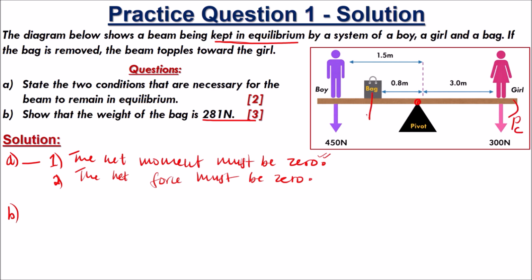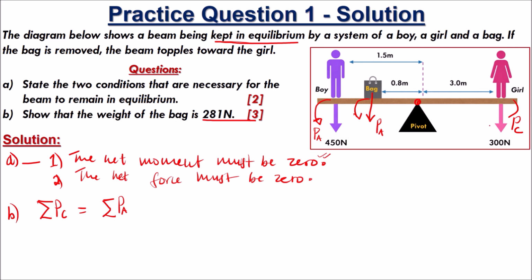The bag's weight is providing anti-clockwise moments. It causes a rotation in the anti-clockwise direction. The boy is also providing anti-clockwise moments. So we are going to say sum of clockwise moments is equal to sum of anti-clockwise moments.